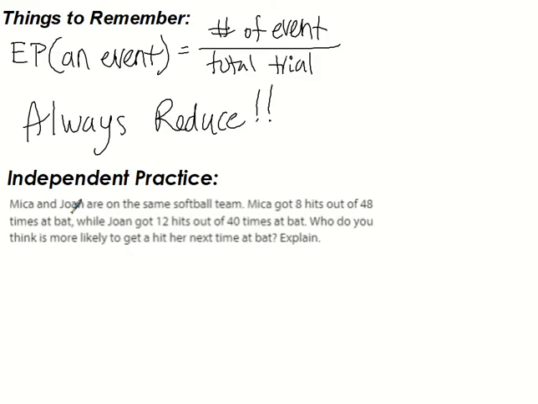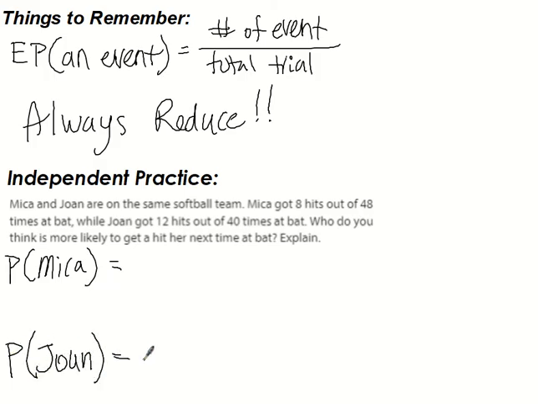Okay, so you have to find their experimental probabilities and then compare them, right? So we have Micah. Let me do it this way. Probability, Micah. Probability, Joan, and then compare. Alrighty. Until next time.